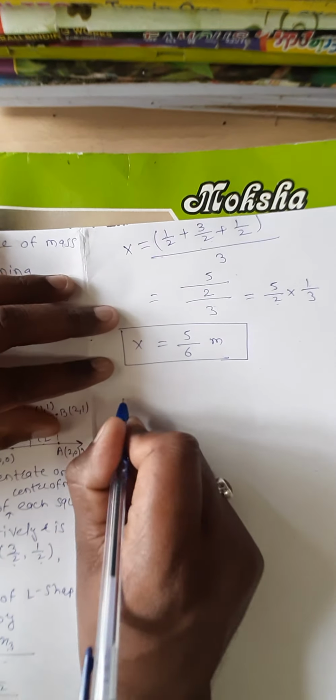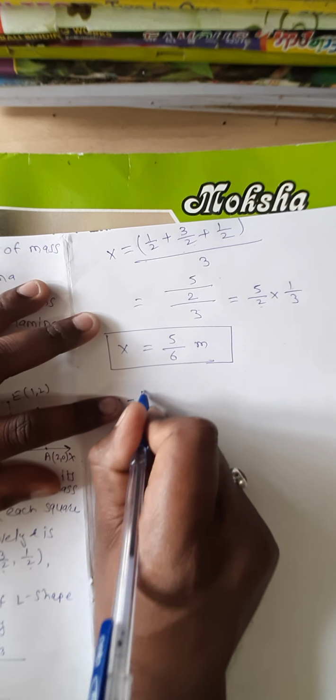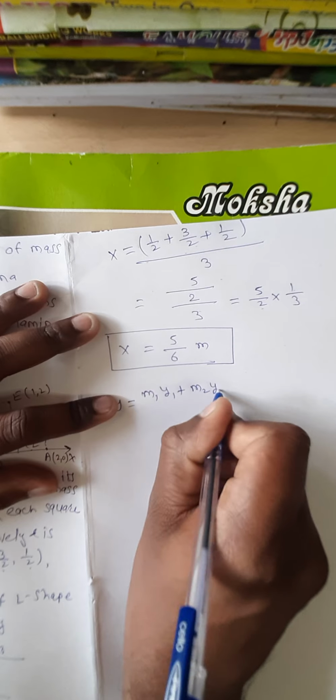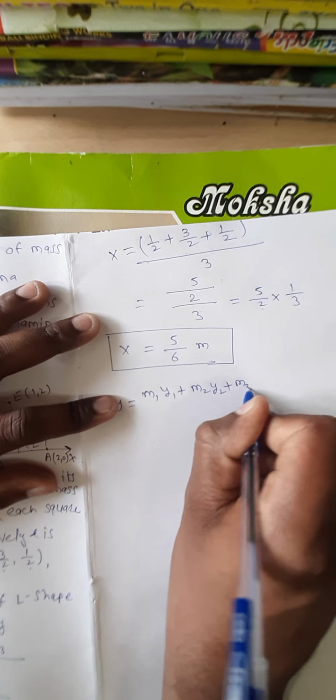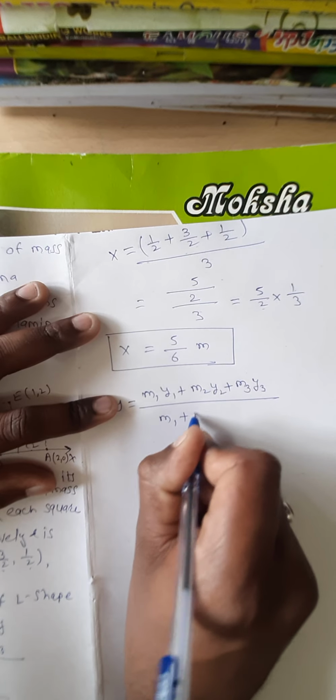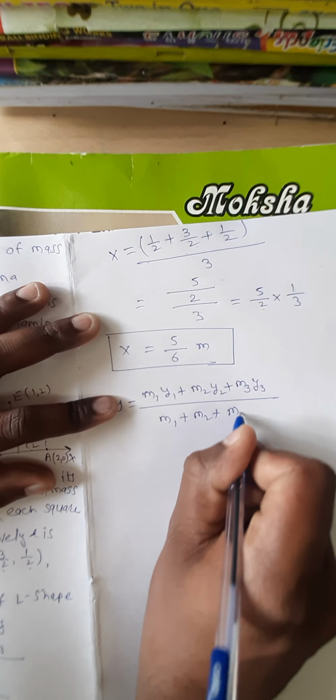Similarly, the y position coordinate is m1 y1 plus m2 y2 plus m3 y3 divided by m1 plus m2 plus m3.